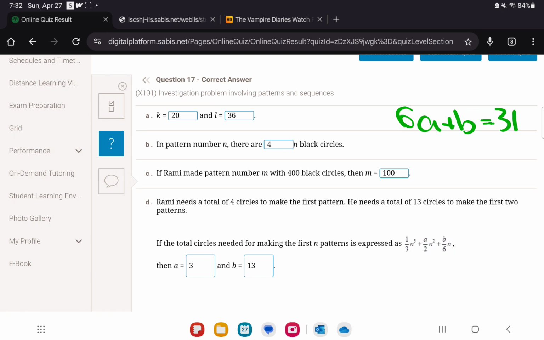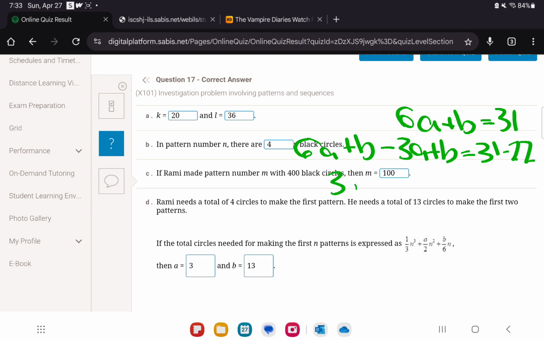So now we do n2 minus n1, so 6a plus b minus 3a plus b equals 31 minus 22. Yeah, it was 22. So when we solve all of this, do 6a minus 3a, you get 3a.